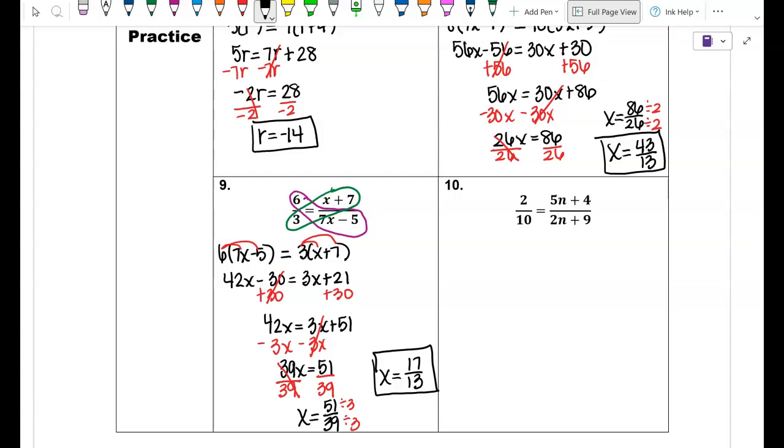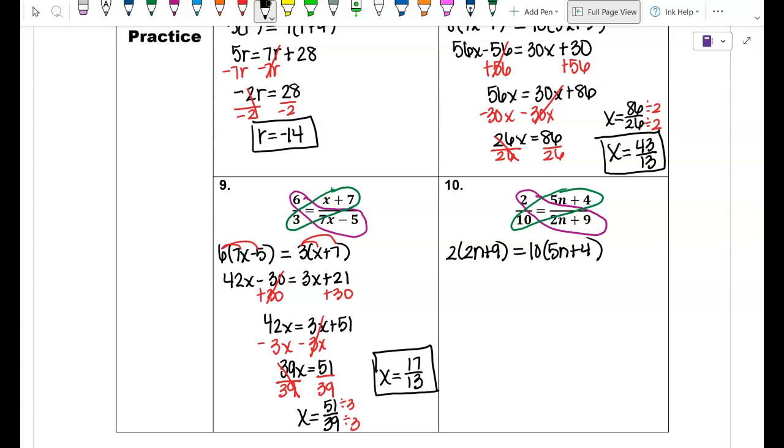Number 10, 2 over 10 equals 5n plus 4 over 2n plus 9. My first diagonal, 2 times the quantity 2n plus 9 equals my second diagonal, which is 10 times the quantity 5n plus 4.